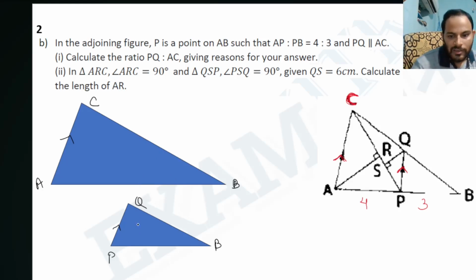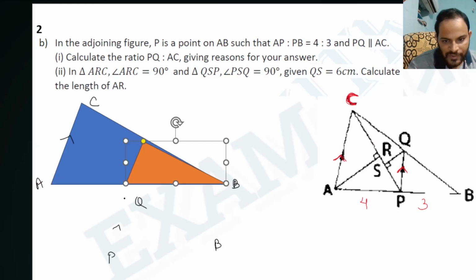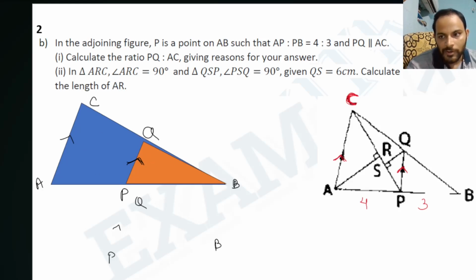Now see, this triangle can be embedded here. So this is your P, this is Q, and this is B. And we need to prove that this triangle is similar to this ACB. Now how to proceed?